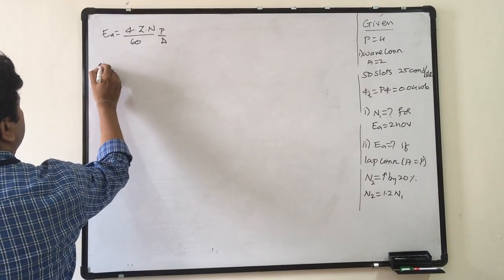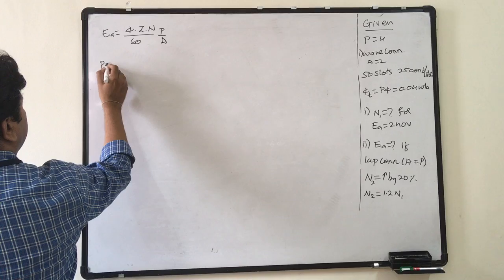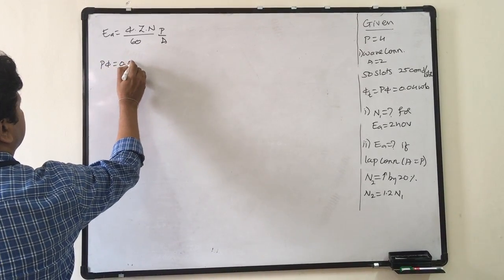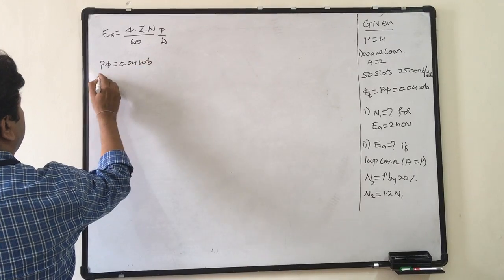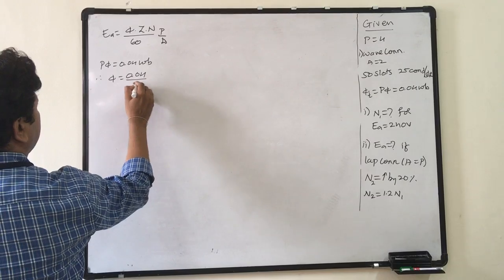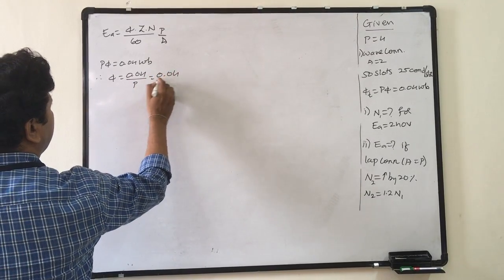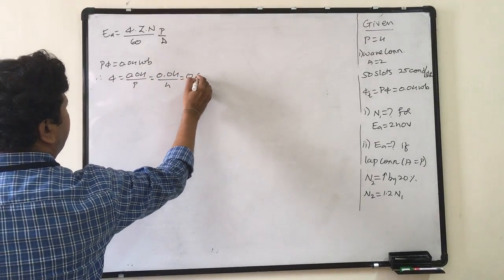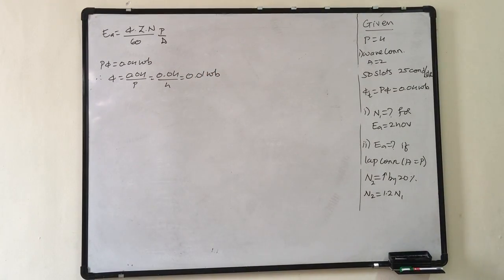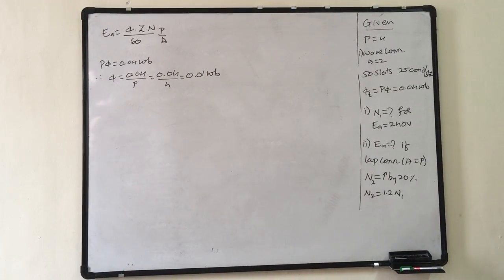Now P phi is equals to 0.04. Therefore phi is equals to 0.04 by P, that is 0.04 by 4, 0.01 Webers. It is mentioned, it is the total flux in the machine.